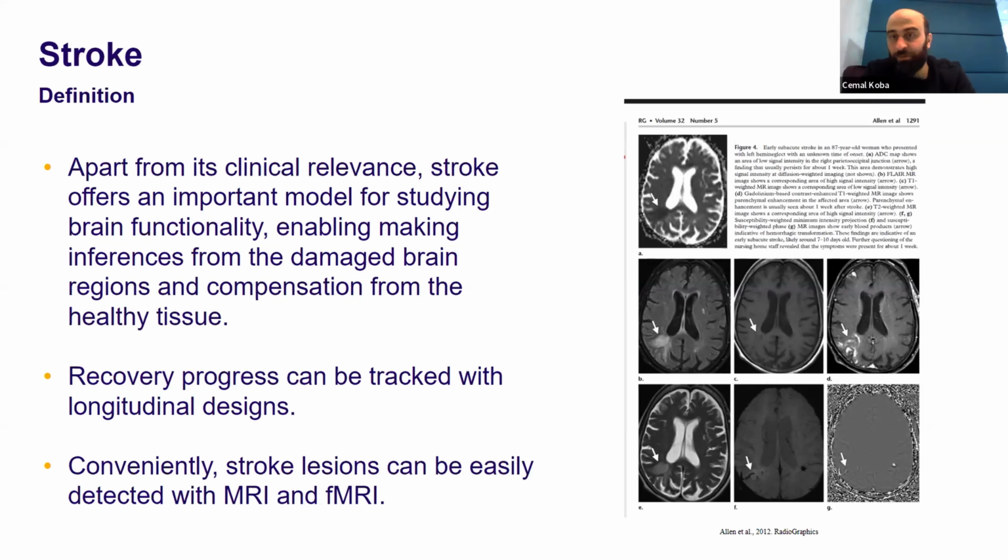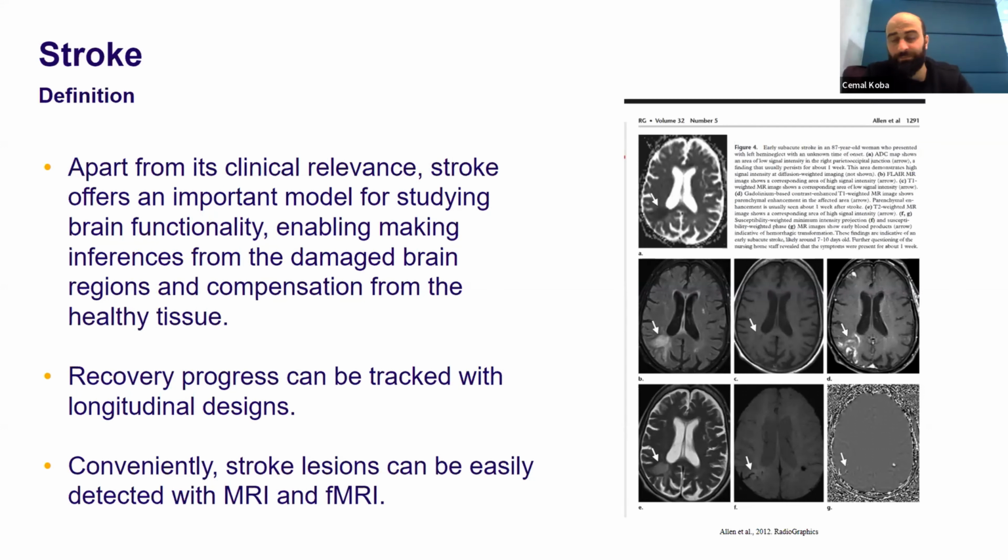It is also conveniently easily detectable from MRI, magnetic resonance imaging. On the right side, you can see different contrasts for magnetic resonance imaging, and in almost each of them, the stroke lesion is identifiable by naked eye.